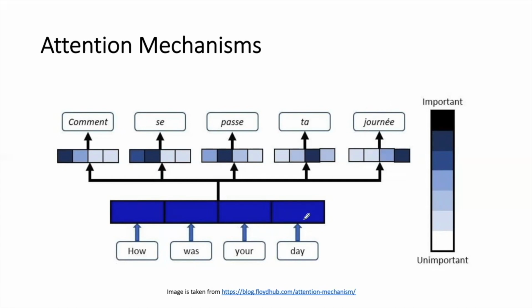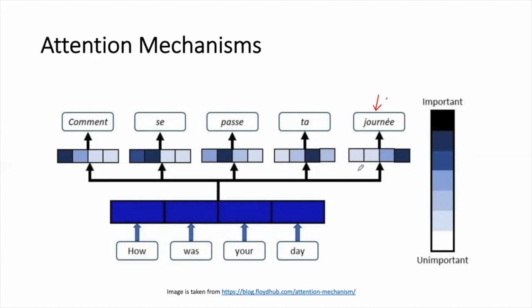Here, what any attention mechanism typically does is, we try to give scores for different input words. Here we have 4 input words: How was your day. For each output word that we need to generate, we try to assign a score for each of the input words. So we'll have 4 scores here.